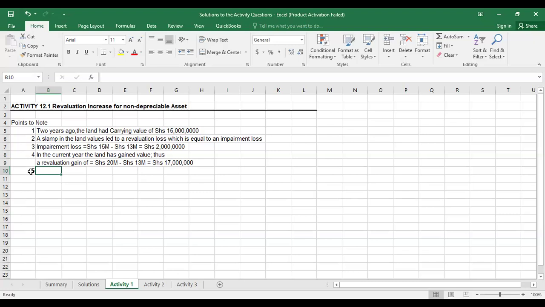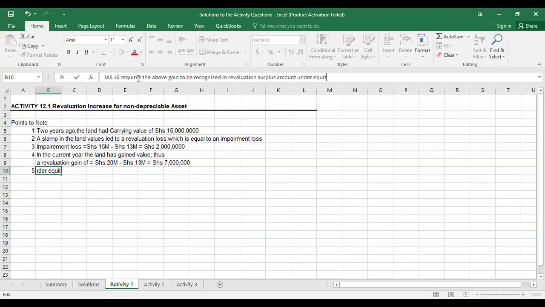So another point to note, point 5, IAS 16 requires the above gain to be recognized in revaluation surplus account under equity.